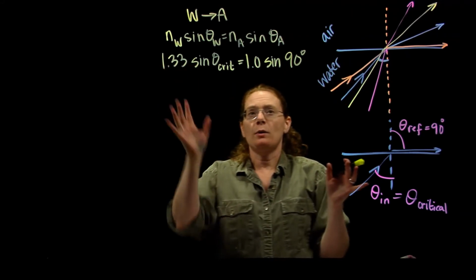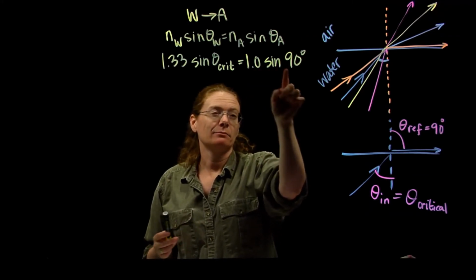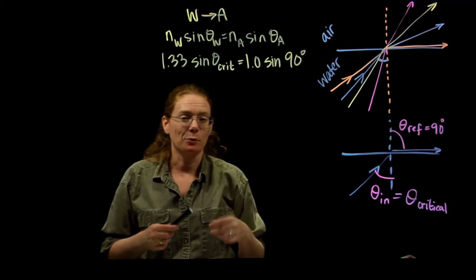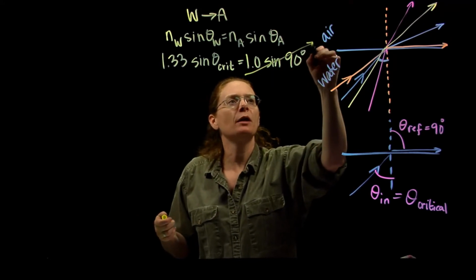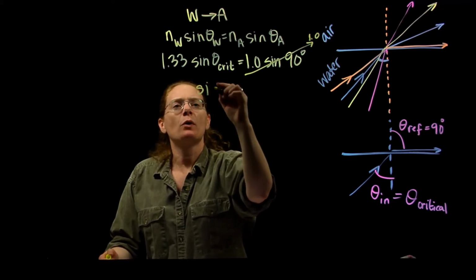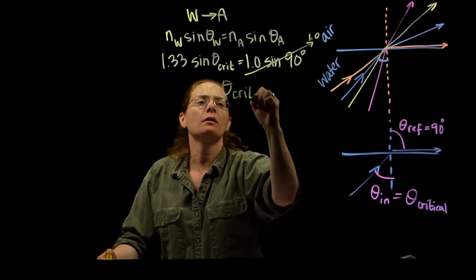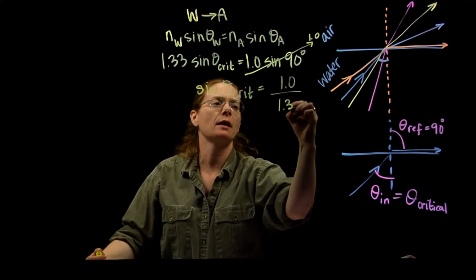All right, let's look at this. Well, there's only one unknown. And if you look at this side, if you remember what the sine of 90 is, or type it in your calculator real quick, it's 1. So this whole side becomes 1.0. I want to solve for the sine of the critical angle, so let's bring that 1.33 to the other side.